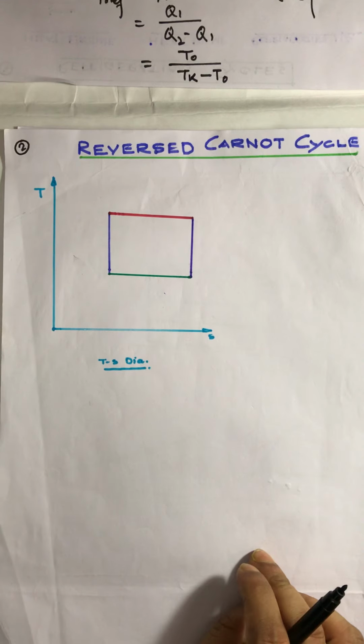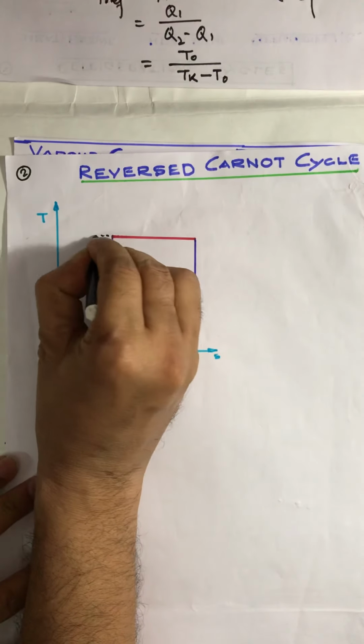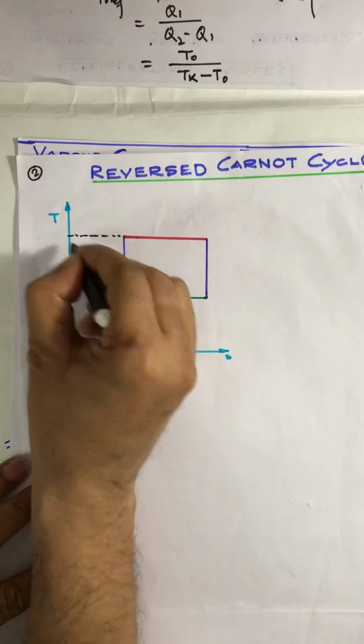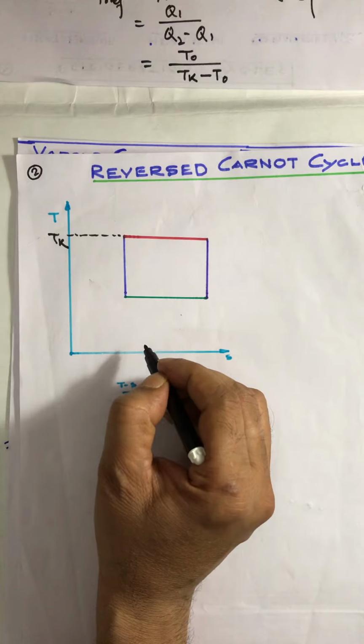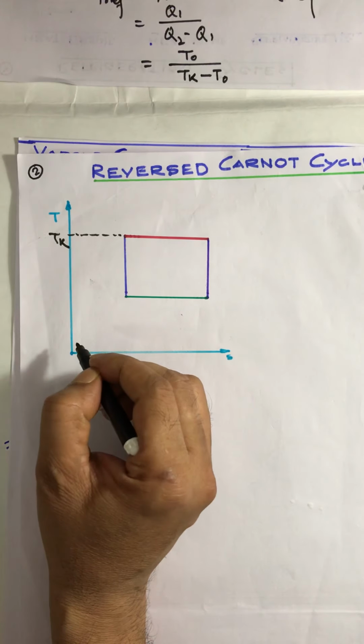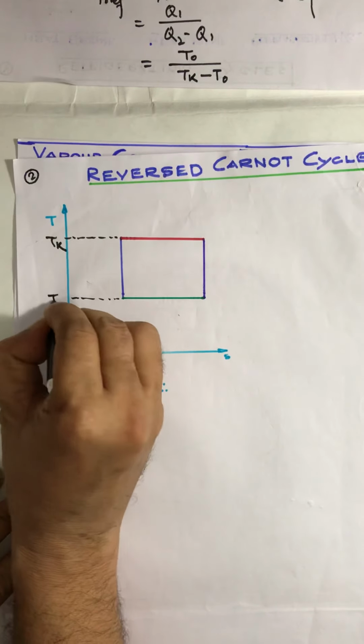A reversed Carnot cycle can therefore be employed as a reversible refrigeration cycle, which would be a measure of maximum possible COP of the refrigerating machine operating between two temperatures. We can say this is the Tk temperature of heat rejection, and T naught is refrigeration. So, this is T naught.